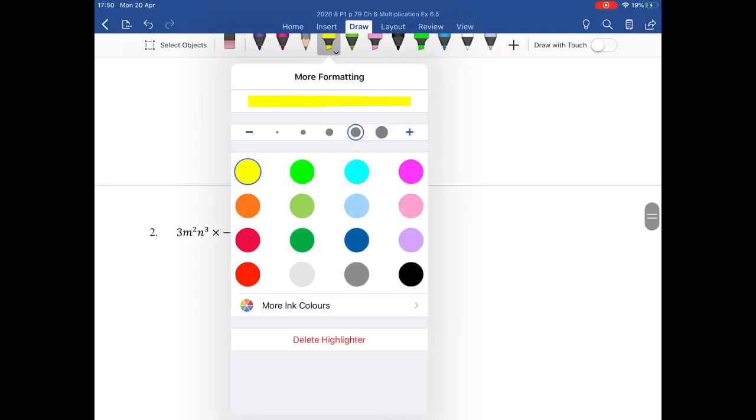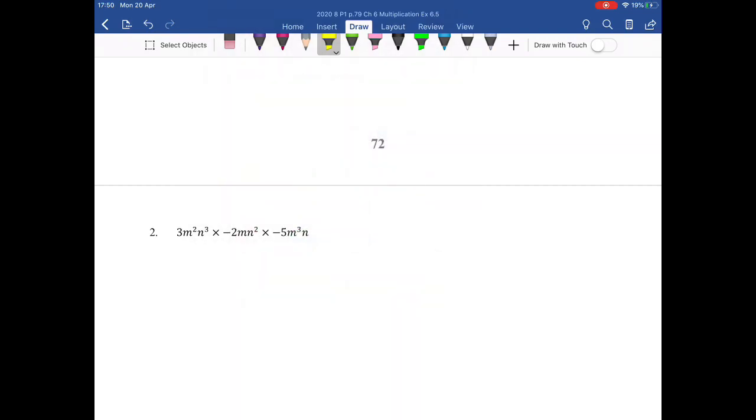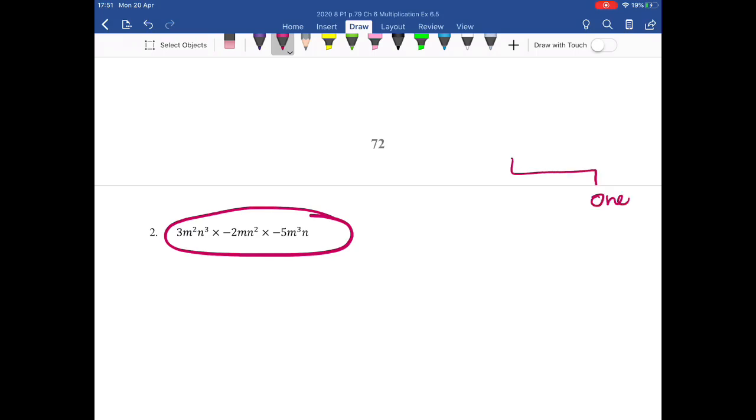Right, we look for a positive or a negative. This is a negative, but it's actually a whole term. So in actual fact, I only have one term. And remember this morning when we did our mind map, we had one term, and here we had more than one term.